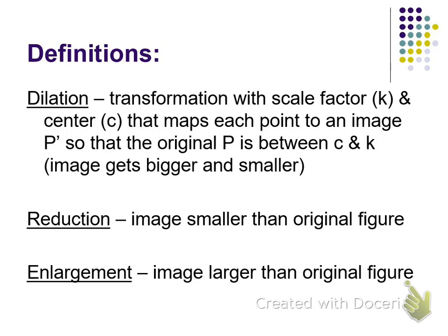Basically, your image gets bigger or smaller. You're either going to make your image bigger, which would be an enlargement, or a reduction when you make your image smaller. You reduce it.